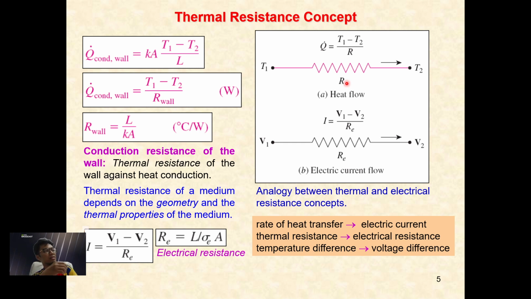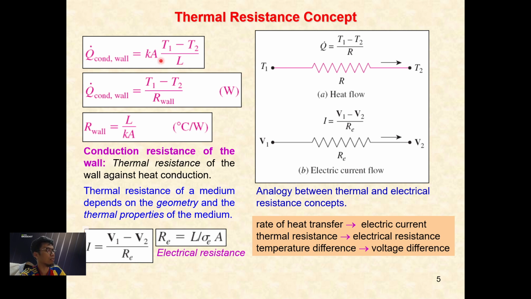From the basic formula here, you know that R is not there, resistance is not there, but L over kA can be an R. So how do we simplify that equation to the thermal resistance concept?